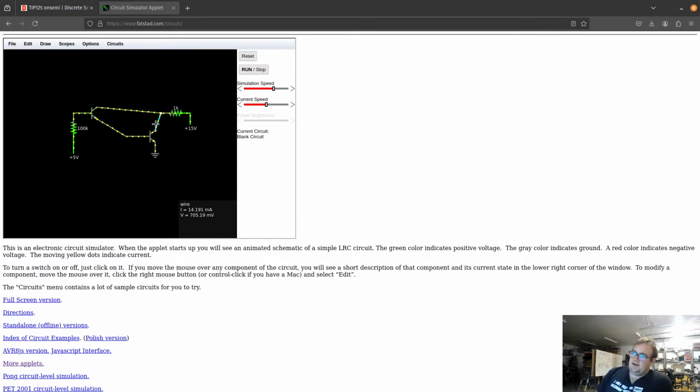Well, not 100 times, because of course this wouldn't go that high. It is only 15 volts across a 1K, so that means it would have a max of 15 milliamps, and we have 14 milliamps going there.